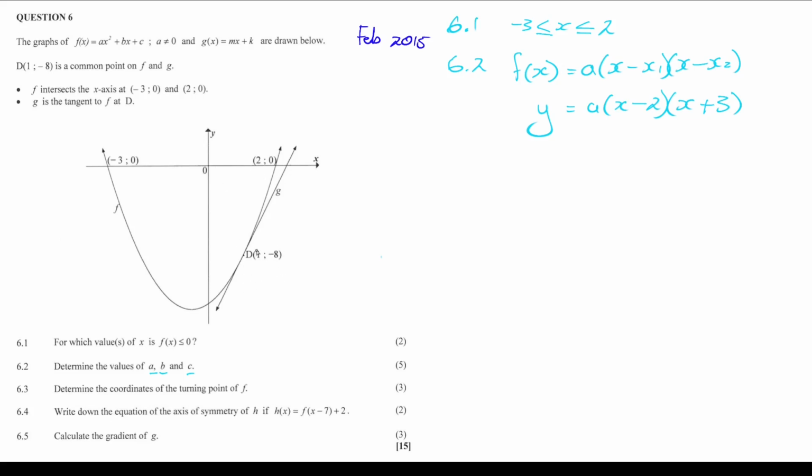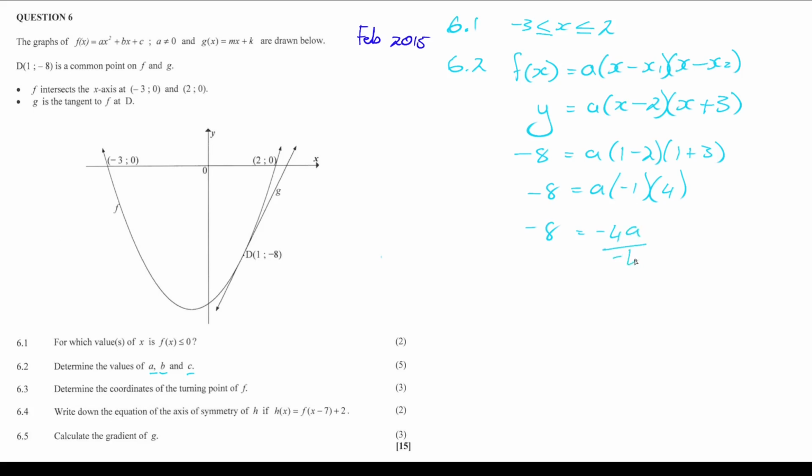Use a new one. So they gave us D. For D, y is -8, a we don't know, x is 1. So -8 equals a(1 - 2)(1 + 3). This is -1, times 4, so we have -8 equals -4a.